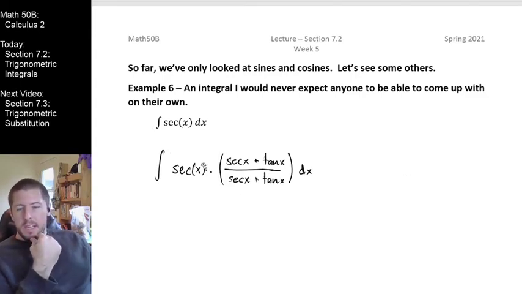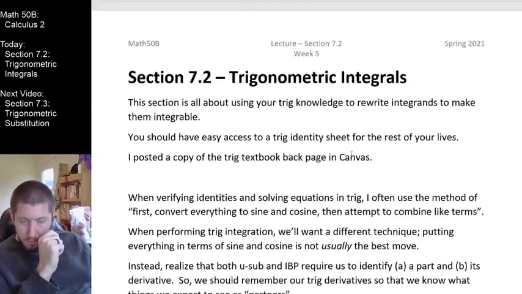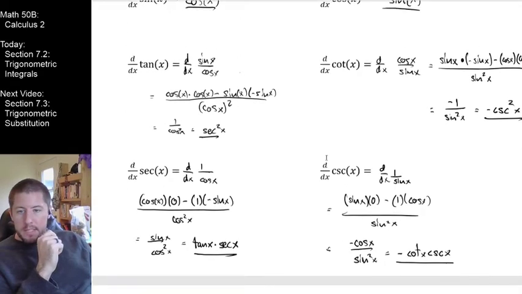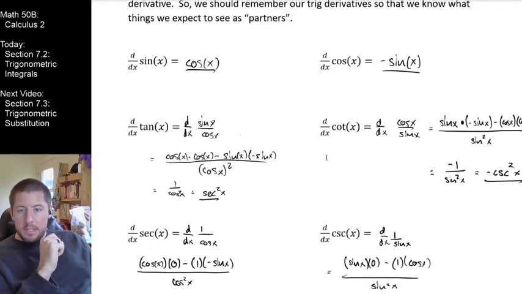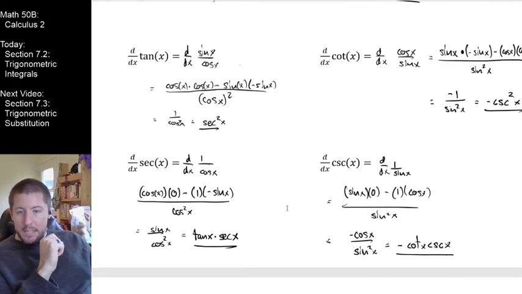What's going to happen here is the secant is going to multiply through the numerator, and it's going to give us secant squared plus secant tangent. Notice that secant squared is a direct derivative, and secant tangent is a direct derivative. And what are they the derivatives of? Secant and tangent.